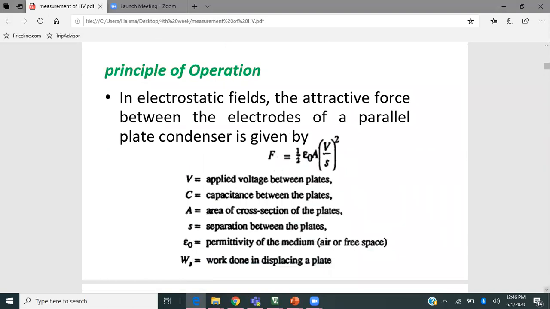Here V is the applied voltage between the plates, C is the capacitance between the plates, A is the area of cross section of the plates, and S is the separation between the plates. Epsilon naught is the permittivity, and since we are using air, it is the permittivity of air. W is the work done in displacing a plate.